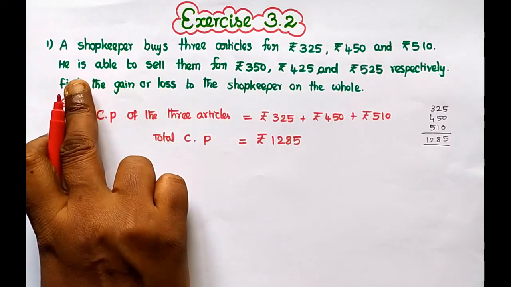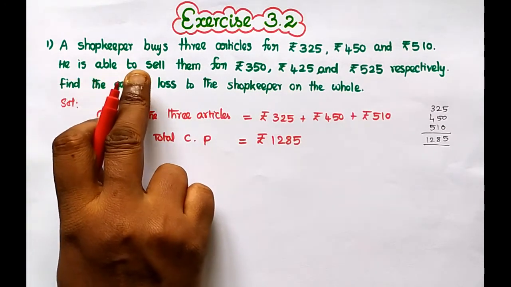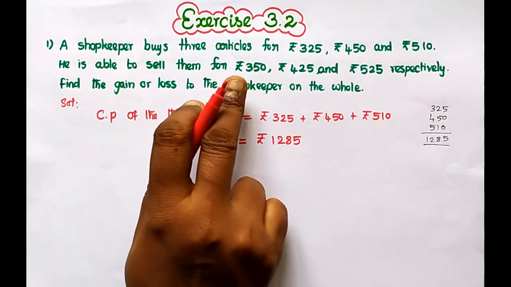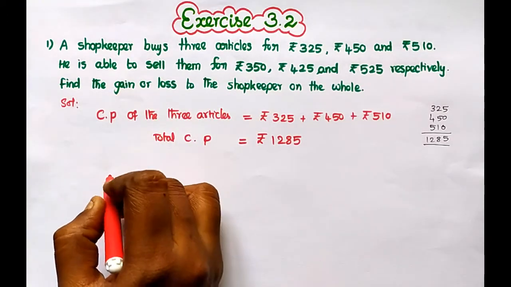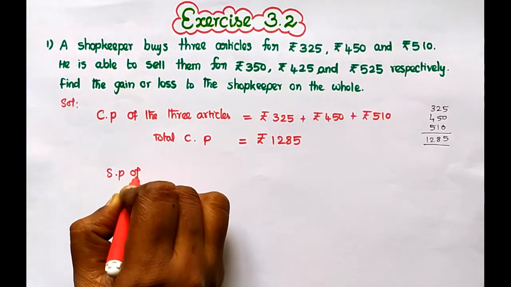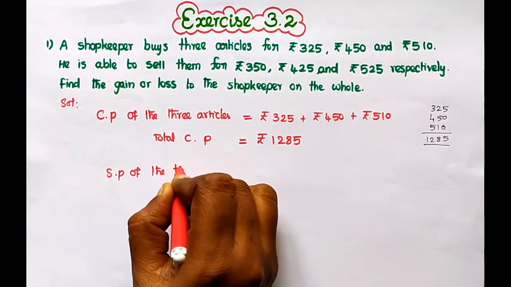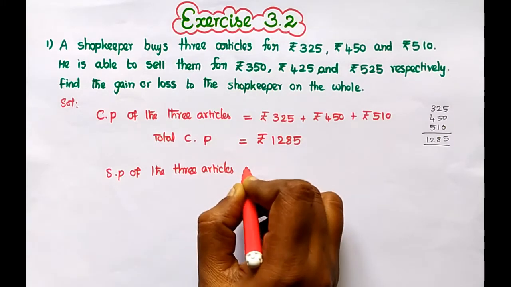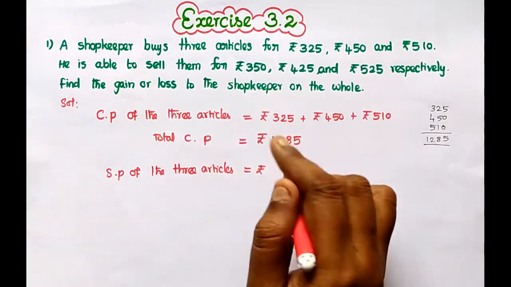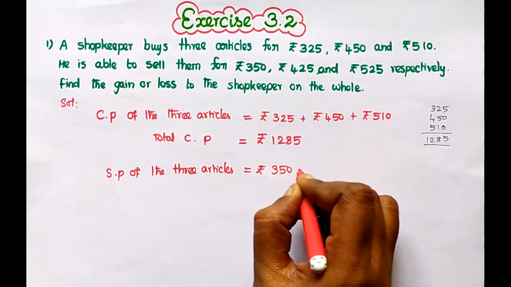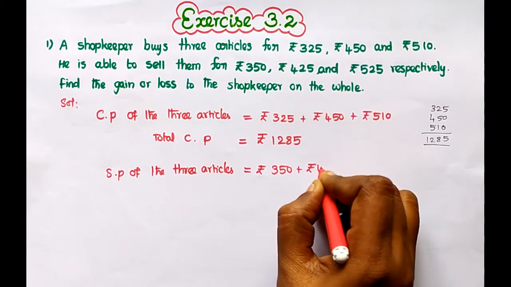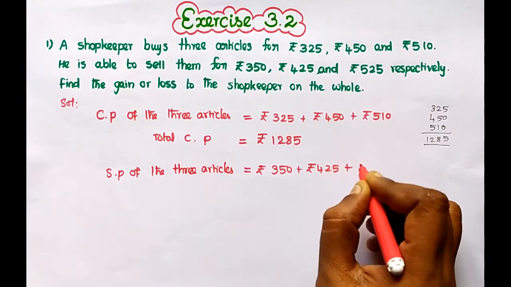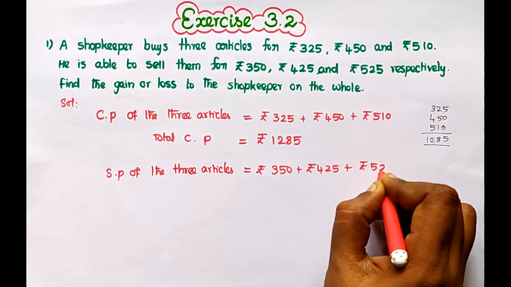Now listen, he is able to sell them. So the selling price of the 3 articles is rupees 350 plus rupees 425 plus rupees 525.